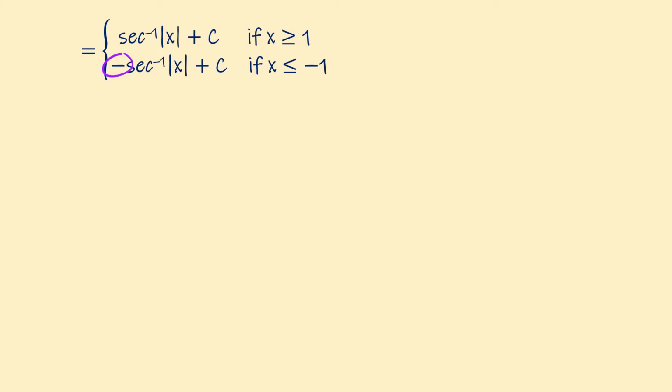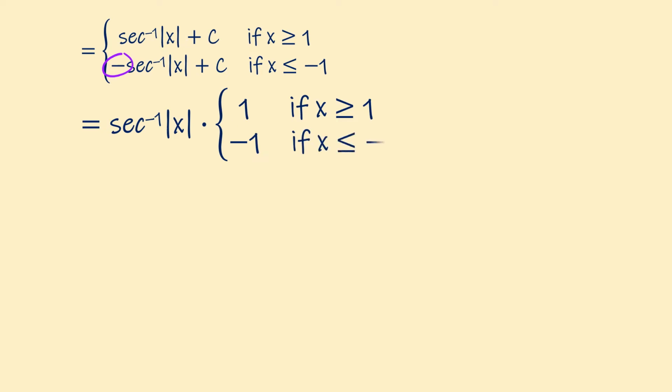Consequently, they may be written as the inverse secant of the absolute value of x multiplied by 1 if x is greater than or equal to 1, or -1 if x is less than or equal to -1, then add c.